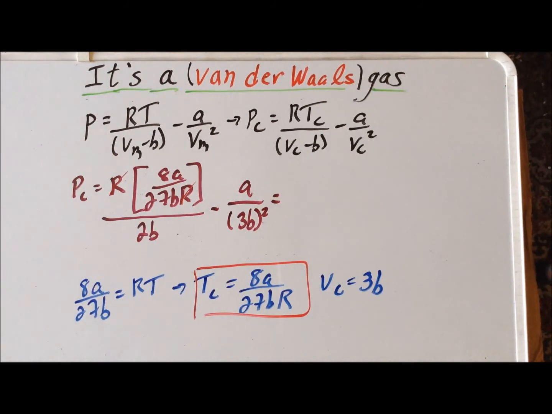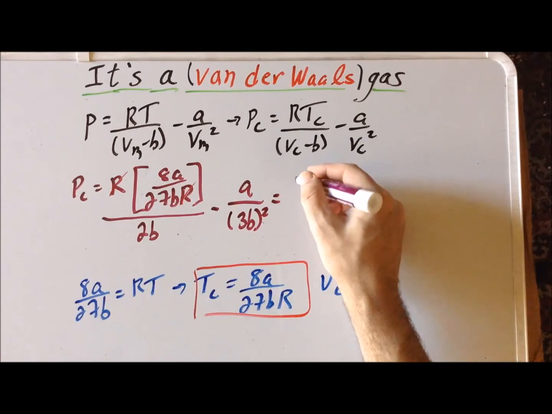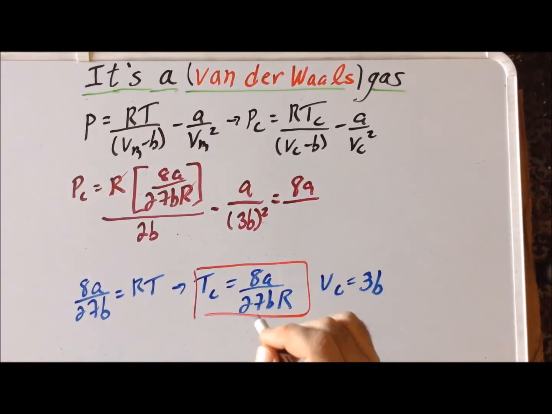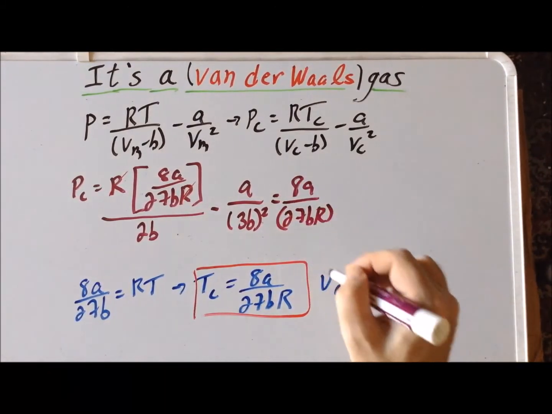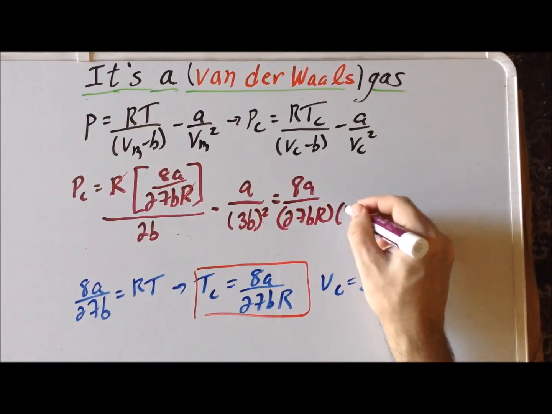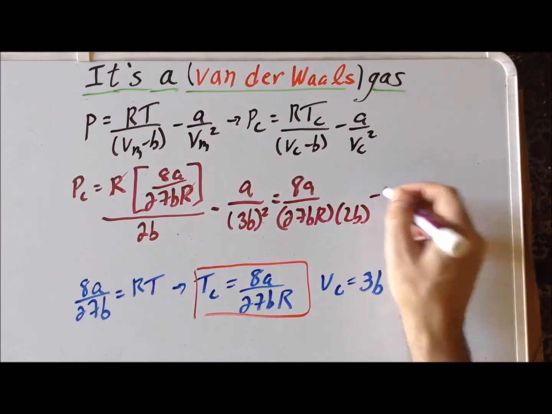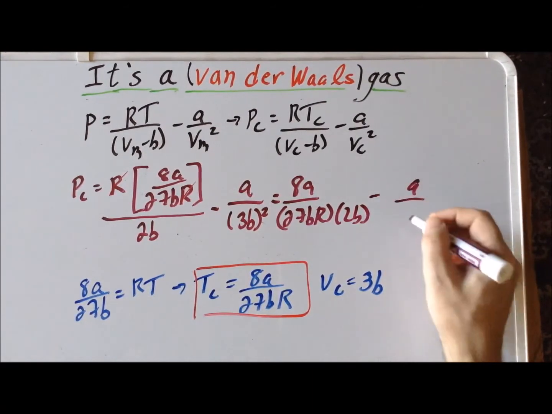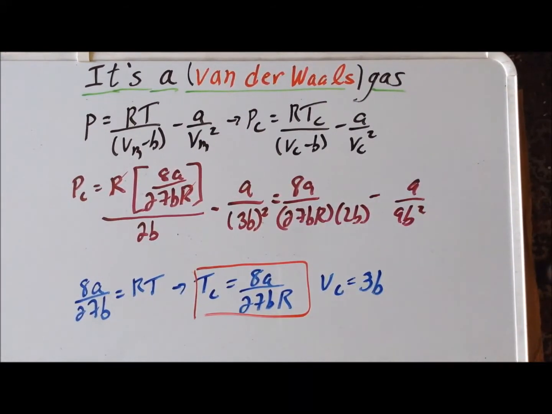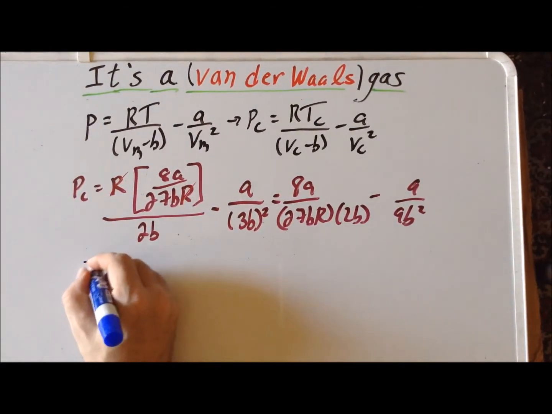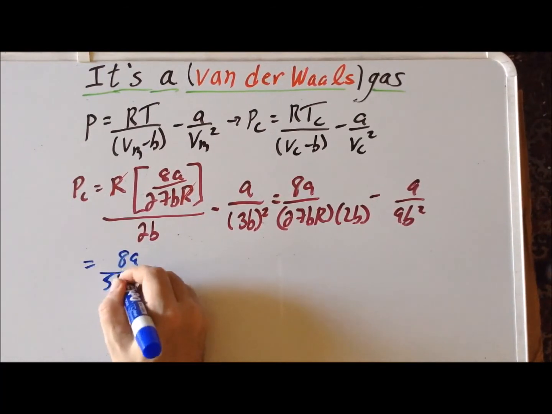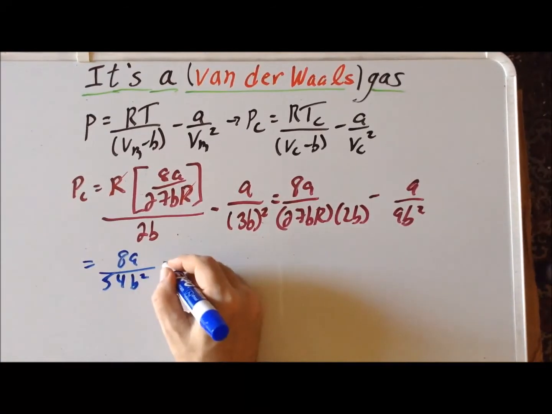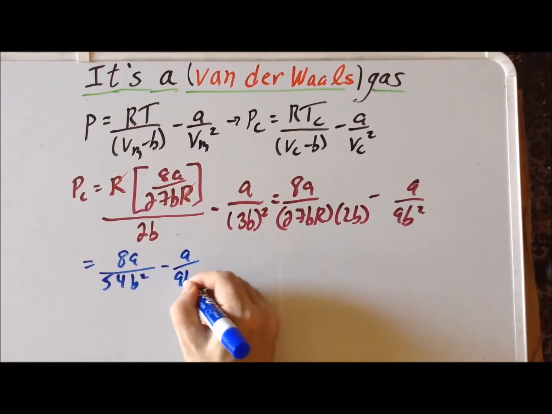And this becomes 8a divided by 27b times 2b, minus a divided by 9b squared. This becomes 8a divided by 54b squared minus a divided by 9b squared.